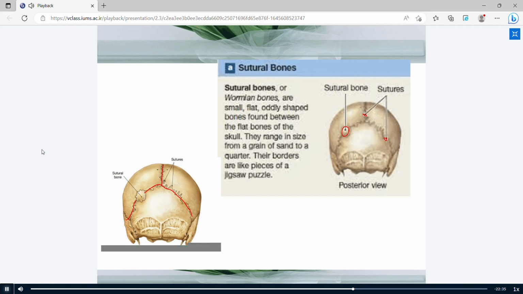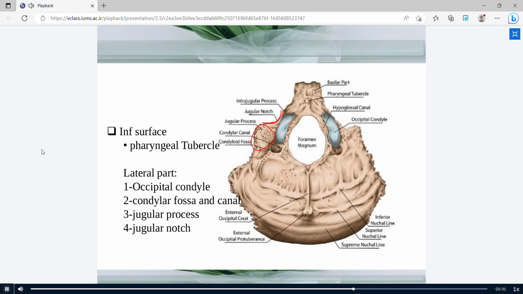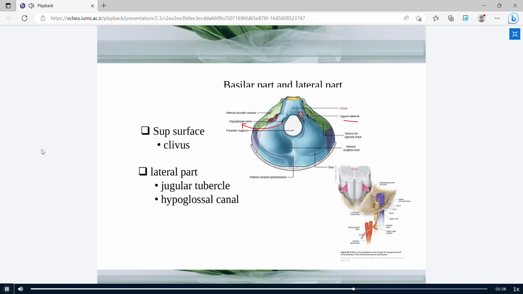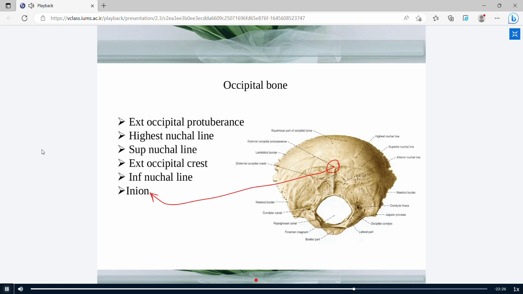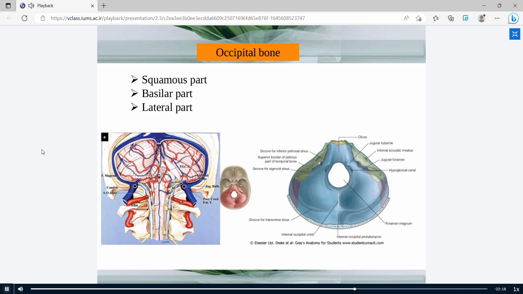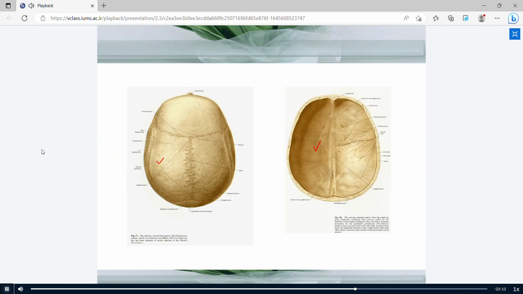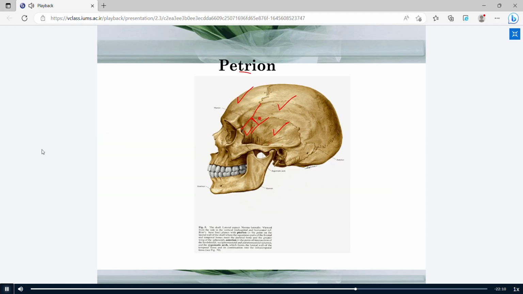I asked you an easy question. Where is the inion? The inion is the central point of the external occipital protuberance. I asked you, where is the pterion? It's an H-shaped structure.